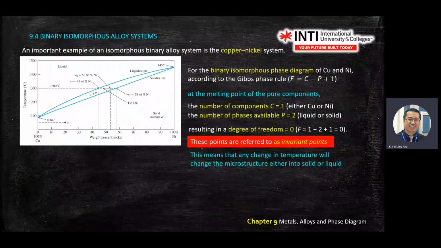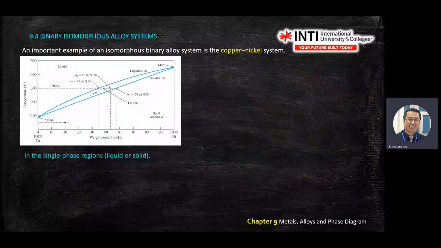The next one will be single phase, liquid or solid, right? So components is 2, because inside the solid here, you have either copper or nickel. Your liquid also has either copper or nickel, so components is 2.